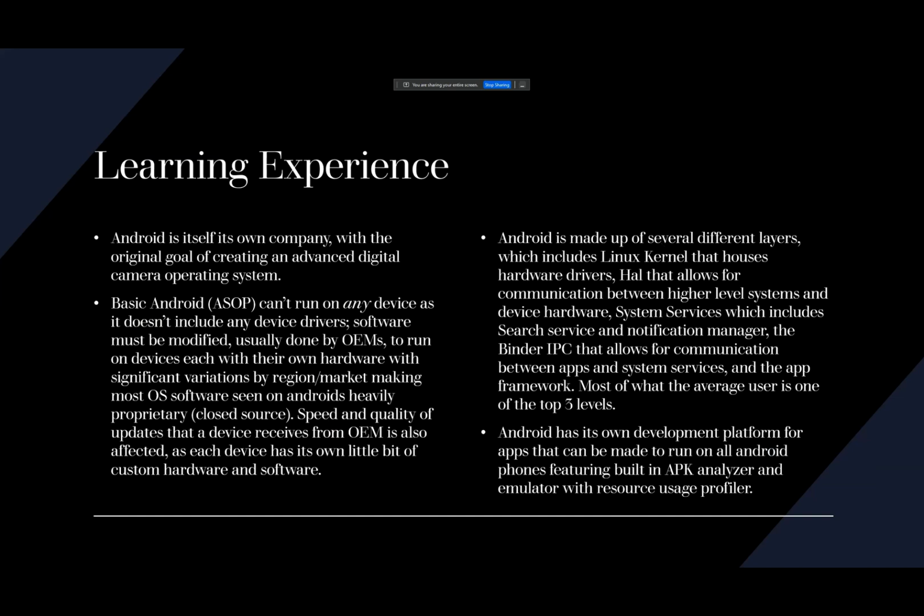System services, which includes stuff like the notification manager and search service and stuff like that. The binder IPC that allows for communication between apps and system services, like apps being able to access your clock on your phone, and then the app framework, which is what most people see on a day-to-day basis, that allows them to use their apps and make sure that they run.